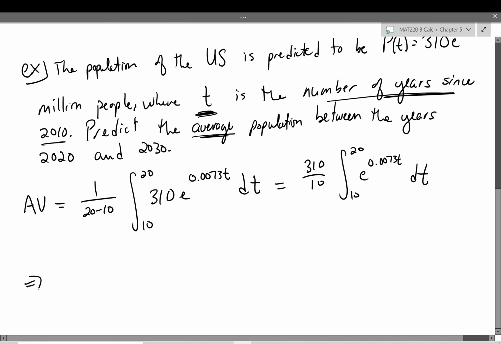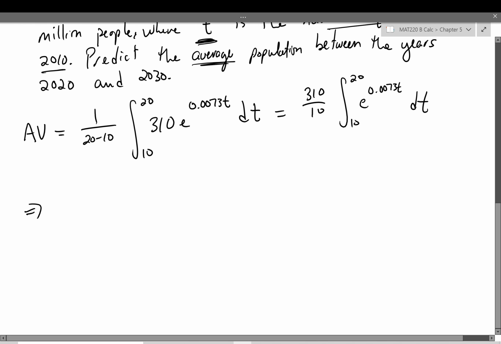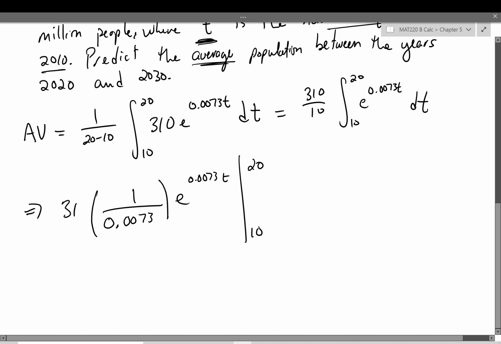All right, now that's going to give me 31 times, now this is e to the 0.0073t, so when we integrate that, it's going to be 1 over 0.0073 e to the 0.0073t, and we have to evaluate this between 10 and 20, okay?